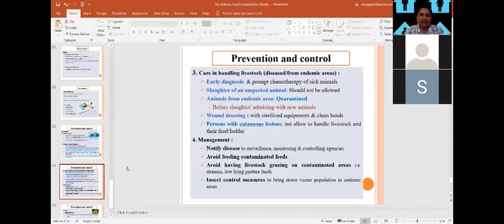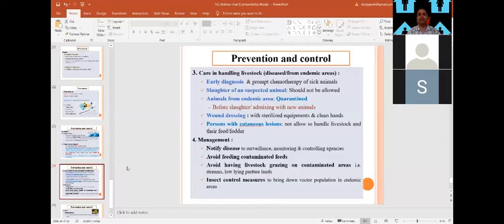Animals from endemic areas may be quarantined before slaughter or admixing with new animals. Early diagnosis and therapy only. Isolation of the animals may be recommended. Persons with cutaneous lesions are not allowed to handle the livestock or their feed or fodder. For management purposes, as we know, this disease is considered a notifiable disease.